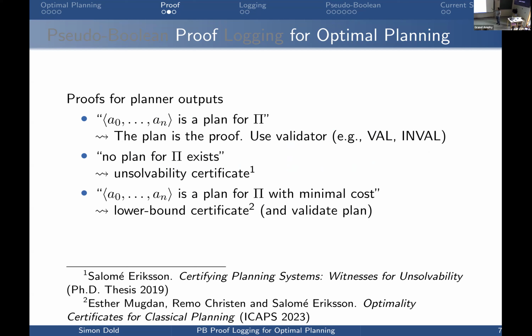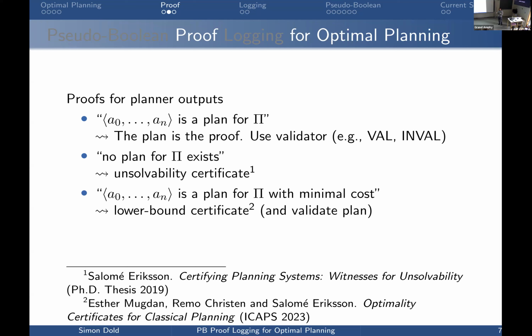So as we said, checking the plan itself, that is fairly easy, and the proof is the plan itself, that one exists. And we just check, applying these actions one by one, does it really get us from the initial state to one of the goal states? And for that, there are already tools like VAL and INVAL.